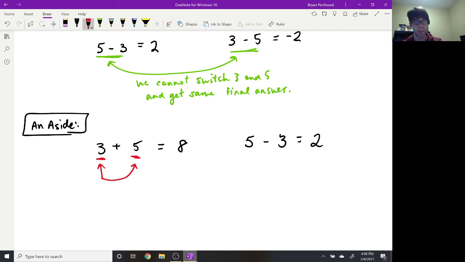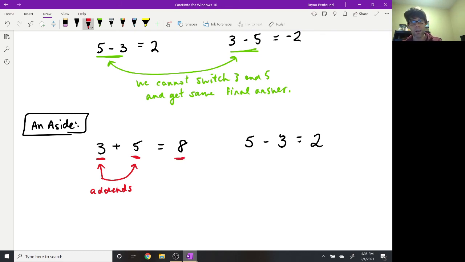When I'm talking about the two numbers as a part of this addition statement, both of these numbers are typically called addends. Right? 3 and 5 are both addends. And it doesn't really matter what order I put 3 and 5 in, I'm always going to call them addends because the order is not important.